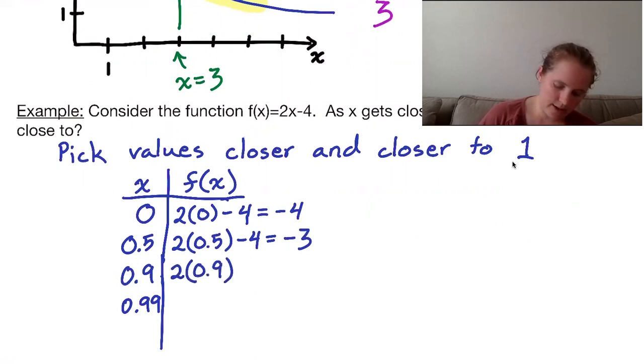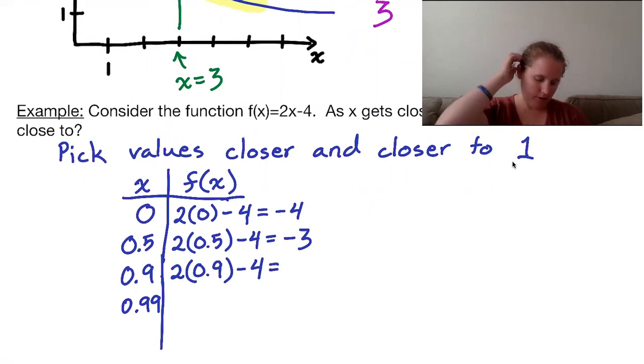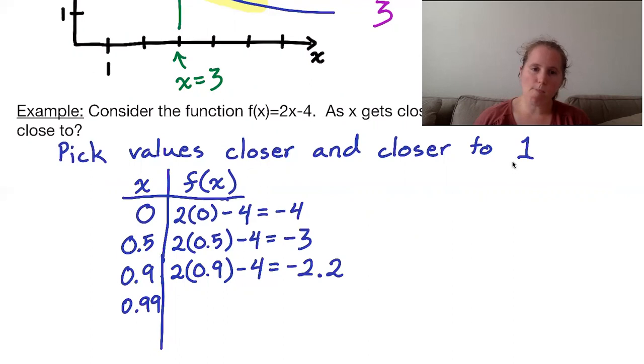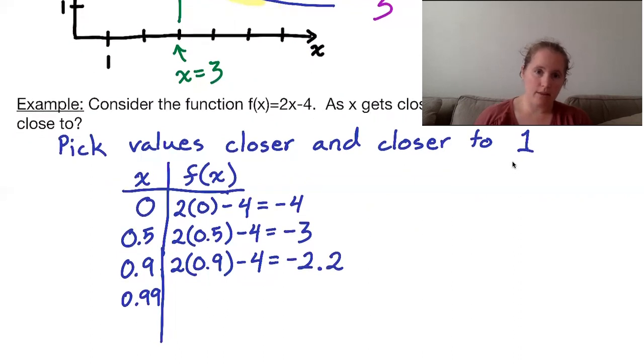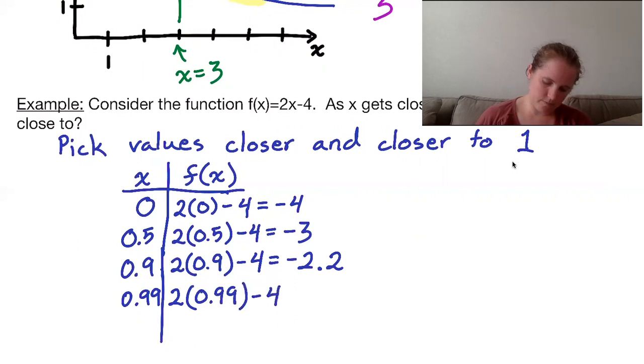At 0.9, we have 2 times 0.9 minus 4, and we have negative 2.2. And at 0.99, we wind up with negative 2.02.